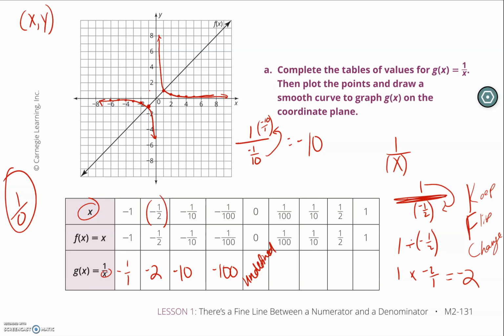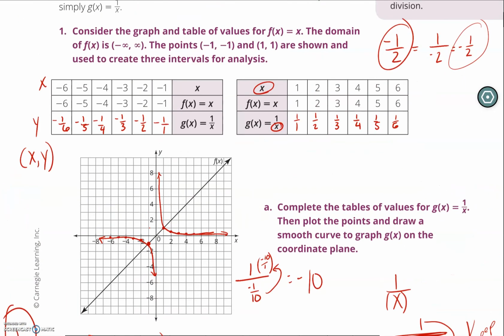So with that idea, if you notice, the only value that we are missing in between these two tables is 0. And so they kind of wanted to throw that off for just a little bit so that we could discover it later. But if you put 0 in the denominator, it is undefined. And what is the y value at the y-axis? Well, it's 0. What is the x value at the x-axis?